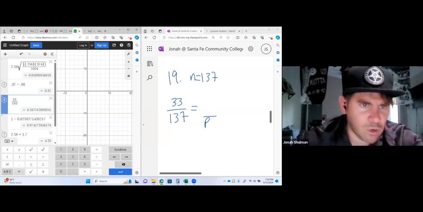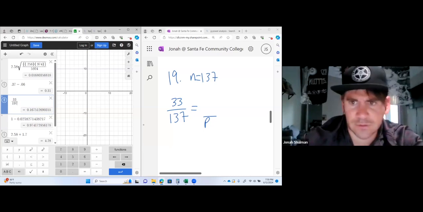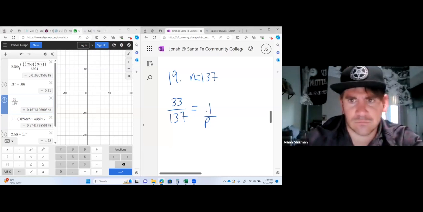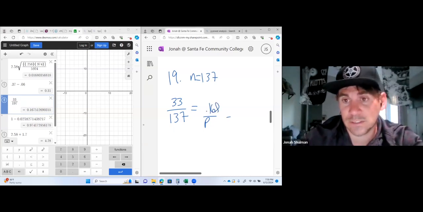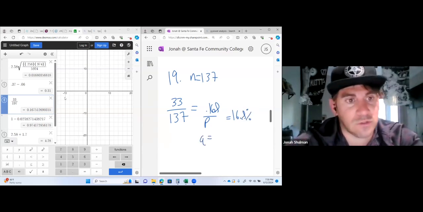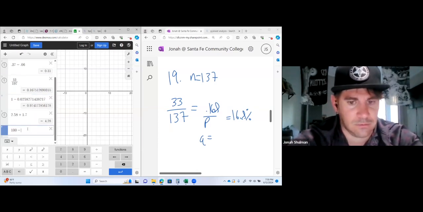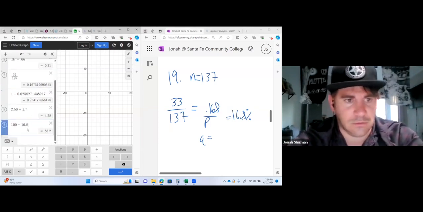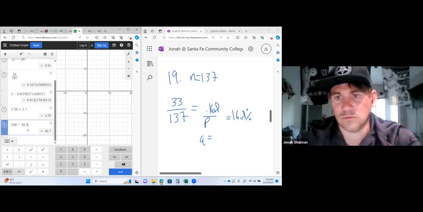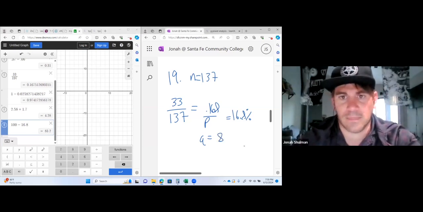That's 0.168. So what do we know this is? This is 16.8%. If that's yes, what is Q? Well, what's 100 minus 16.8? 83.2 is unsuccessful.